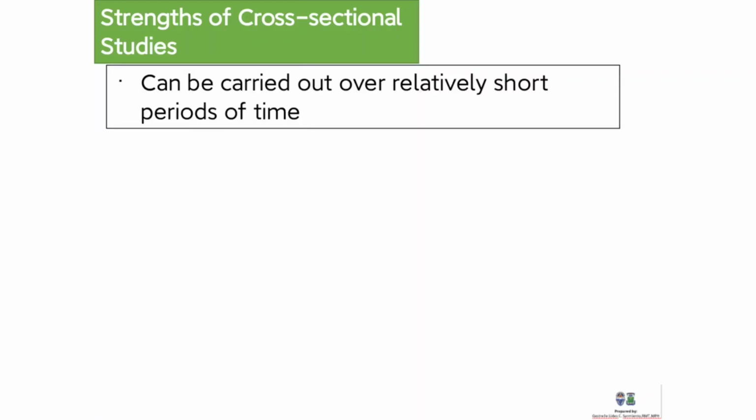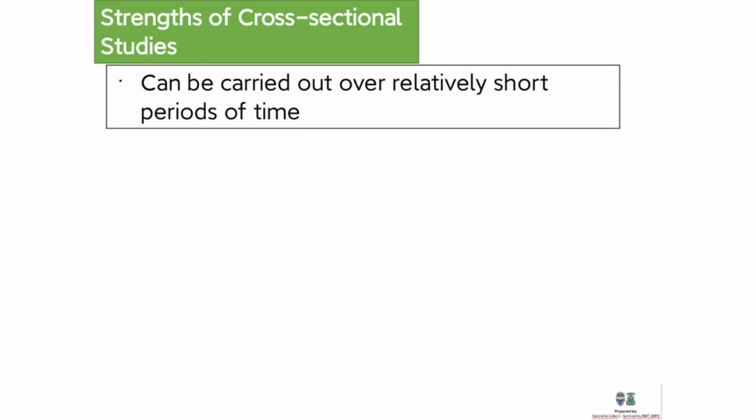Number 1, can be carried out over a relatively short periods of time. Since the study itself is already existing. Di ba nga doon sa midterms topic natin of prevalence, when we talk about prevalence of a disease, that means the disease occurrence already existed.